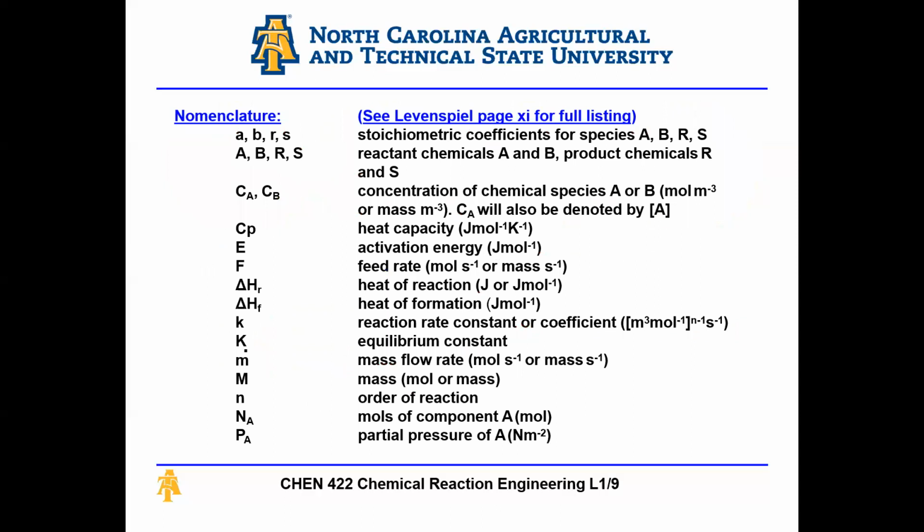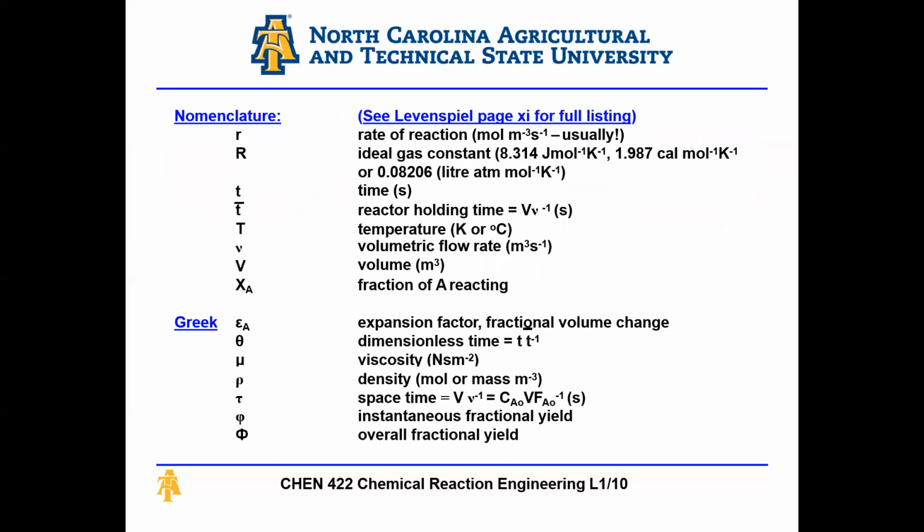The next couple of slides have just some nomenclature for you. If there are any units you're not sure what they represent, or any letters you don't know what they mean, just look back at these slides for reference.